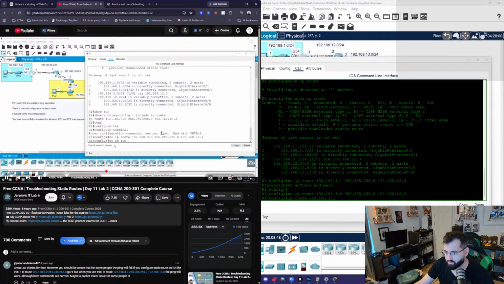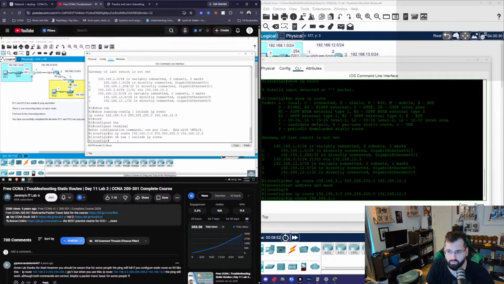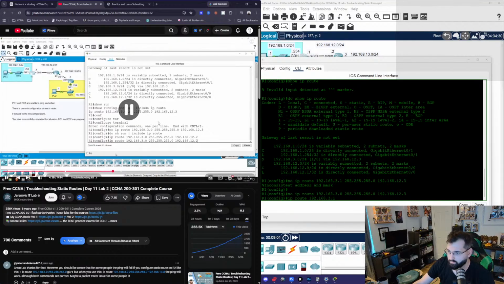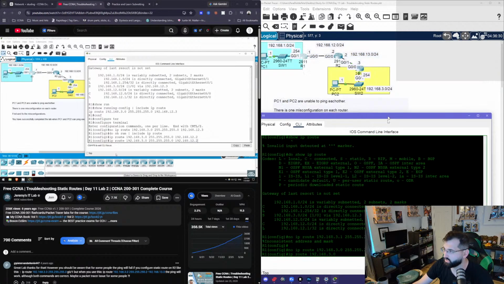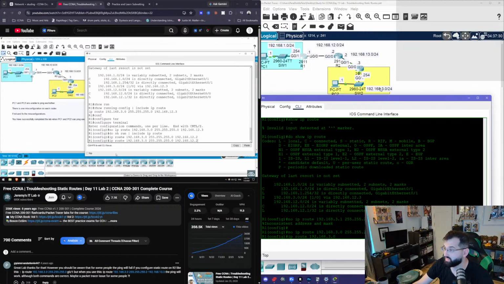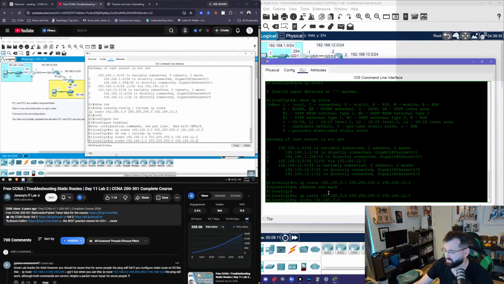Do show running-config, pipe, include ip route. And now we're checking to see if it's gone. Okay, it's gone. Now I'll paste in the configuration statement once more and change this 3 to a 2. I'll use the up arrows. So our destination is the network, not necessarily this. Okay. That makes sense, kind of.